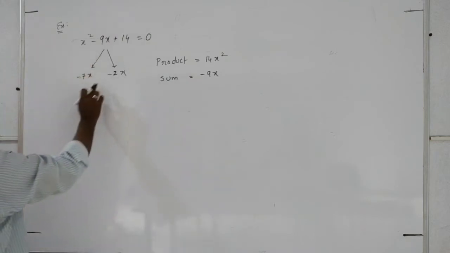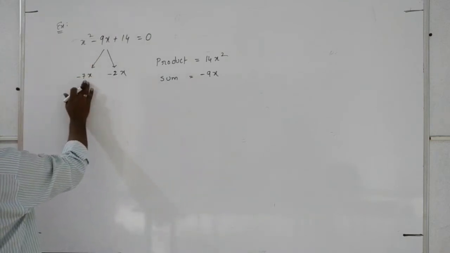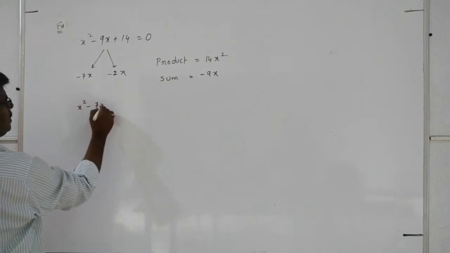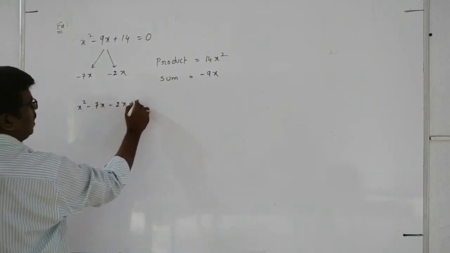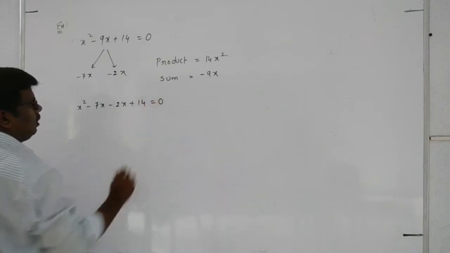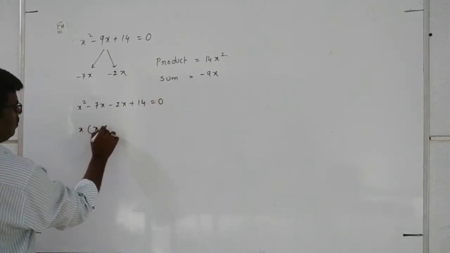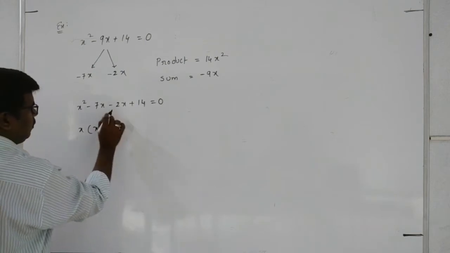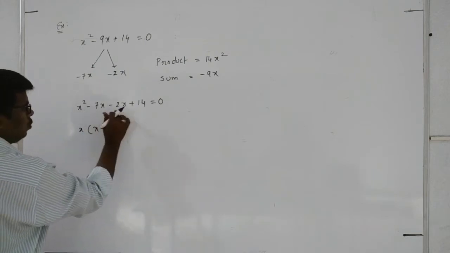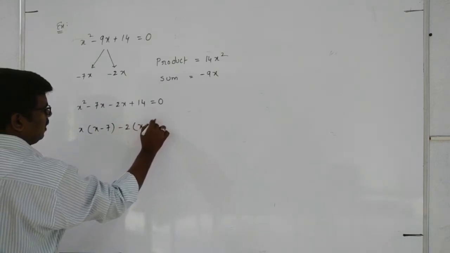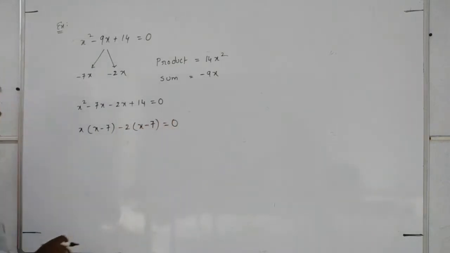Then minus 9x can be replaced with minus 7x minus 2x. Then x square minus 7x minus 2x plus 14 equal to 0. Then x into x minus 7, minus, if you take minus 2 common from these two, you will get x minus 7, equal to 0.